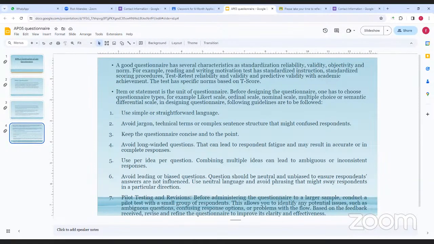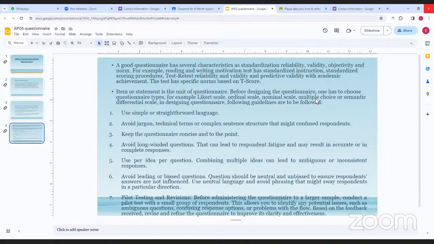Many validities are there: concurrent, predictive validity, construct validity, content validity. Different types of validities are there. Yes, sir.